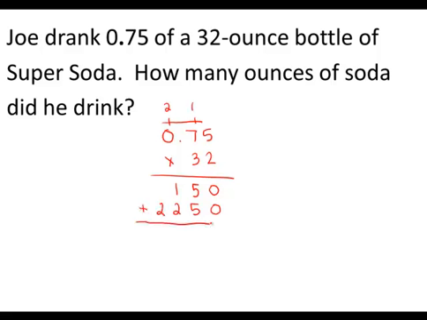Add down these columns. And since 0.75 had 2 digits to the right of the decimal point, my answer will have 2 digits to the right of the decimal point. Joe drank 24 ounces of his super soda.